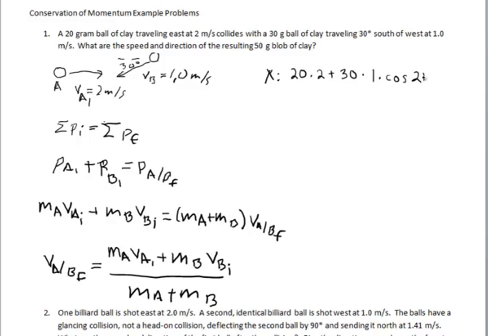Again, I'm making these vectors in component form. And that's the top of the equation, divided by the summation of the two masses, 20 plus 30. Do this calculation, you get 0.28. That would be meters per second, because that's what we're solving for, the velocity.